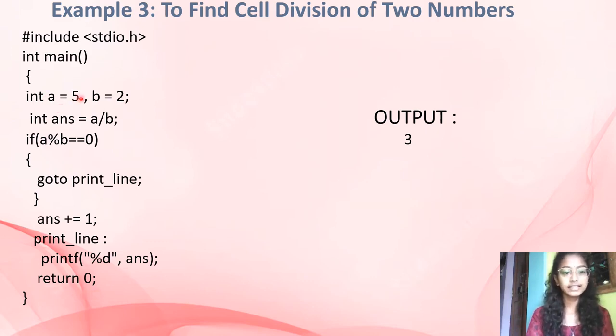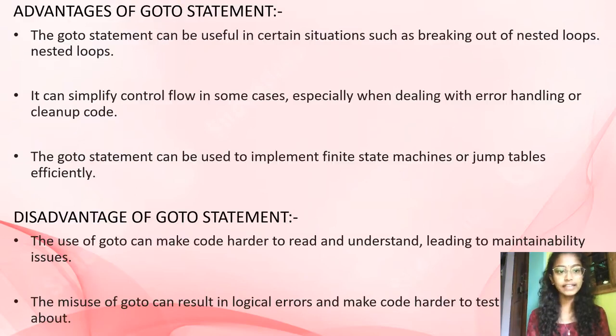Here, let's see how this program works. int answer = a / b. 5 by 2 gives 2.5, but here we took int, so we have to take only 2. If the condition fails, this line will be skipped and it comes to this, and answer plus 1, that means 2 plus 1, gives 3.